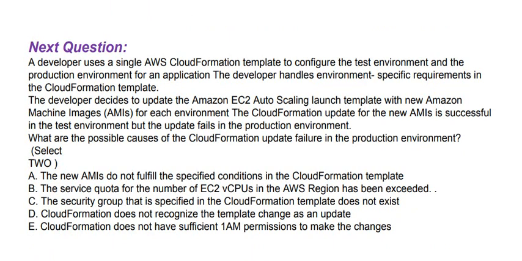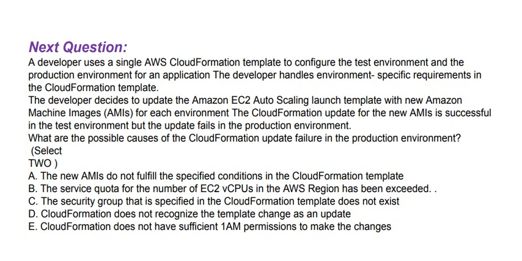The developer decides to update the Amazon EC2 auto scaling launch template with new Amazon Machine Images for each environment. The CloudFormation update for the new AMIs is successful in the test environment, but the update fails in the production environment. What are the possible causes of the CloudFormation update failure in the production environment?